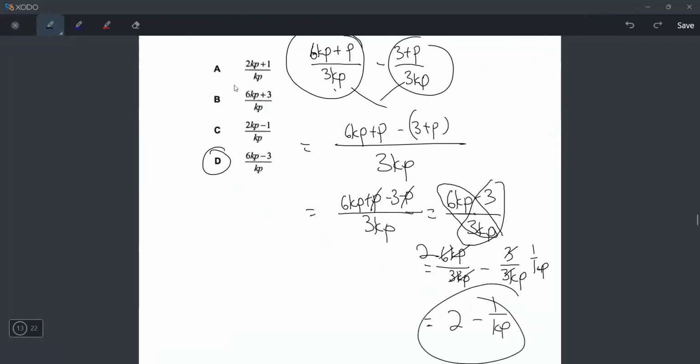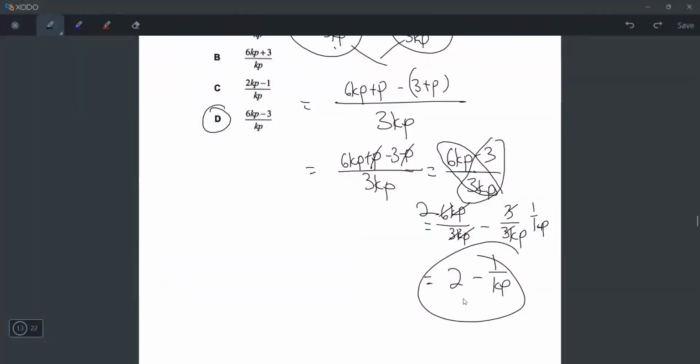Okay, so you only do like this if... wait. Let's try to merge this into single fraction. Wait. I realized something. So what happens if I merge this into a fraction, into like kp like this?